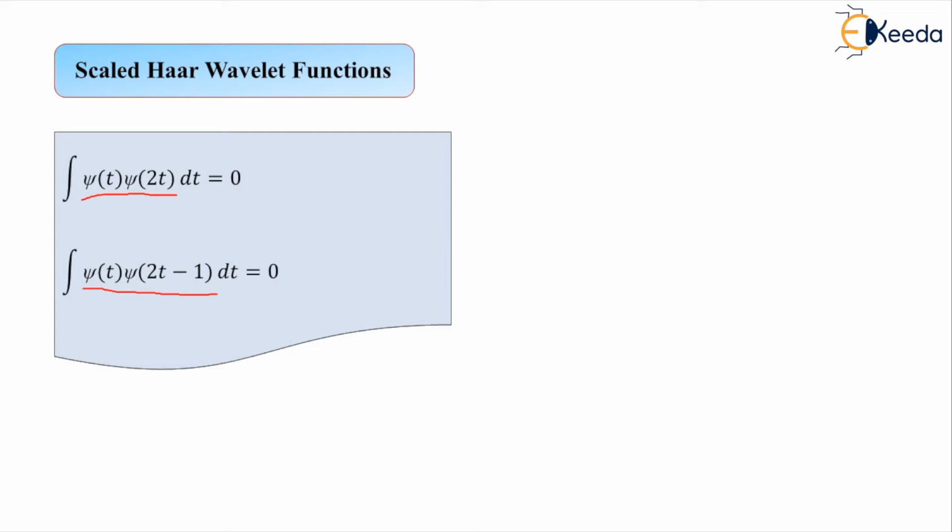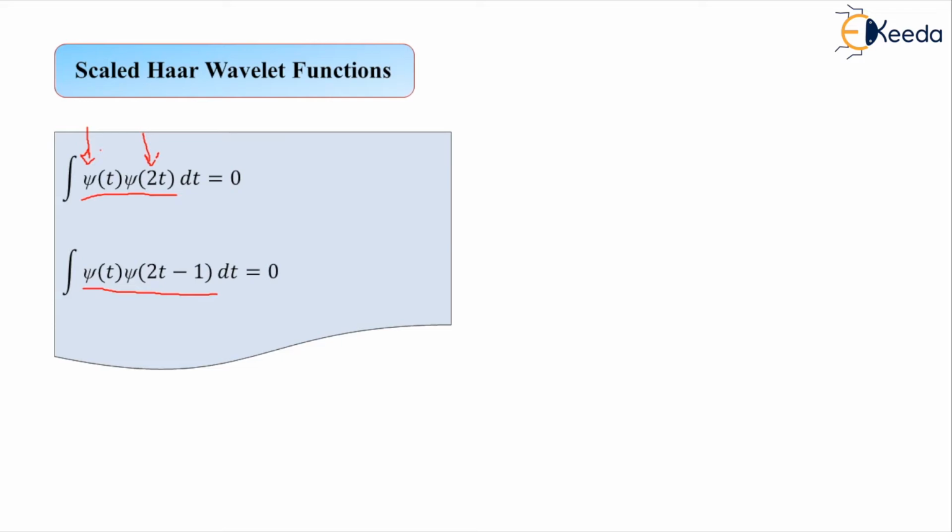Whether the basis is a part of W0 or W1, see this is one basis psi of t, and here psi of 2t. So psi of t and psi of 2t are from different functional spaces: psi of t from W0 and psi of 2t from W1.